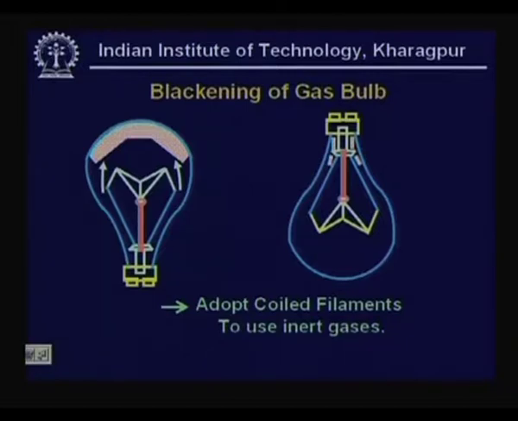Here we can see some shaded region on top of the bulb. That is where you will find there is some deposition of the tungsten. In the absence of inert gas, this region gets blackened, and as a result with time the light is blocked.